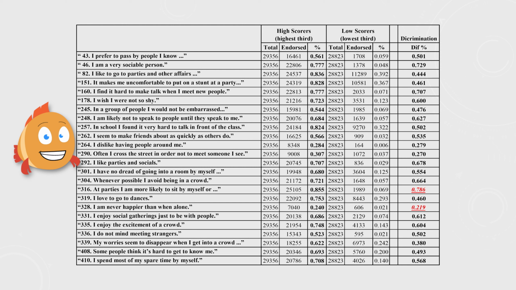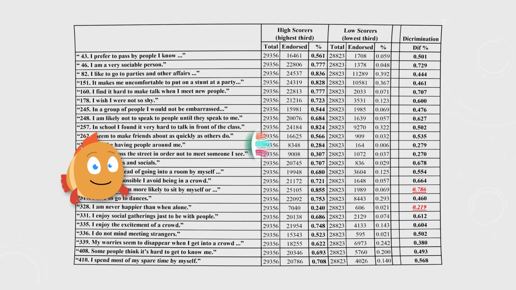And that spread is huge versus the two below it, which I think is the lowest scoring item in this group: "I'm never happier than when alone." Sure, this is pretty distinguishable. In the high third, we've got 0.24, and in the low third, we've got 0.021. And that difference is 0.2. It's not as big or as shocking as every other method we've looked at.